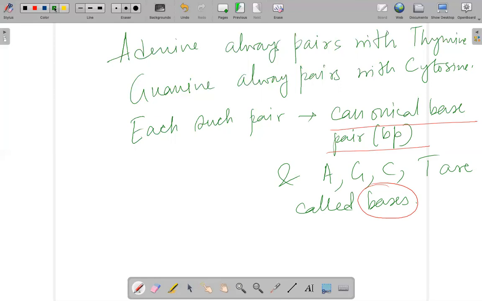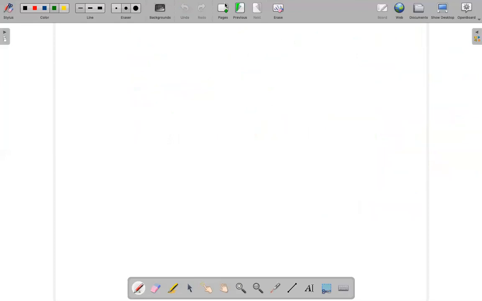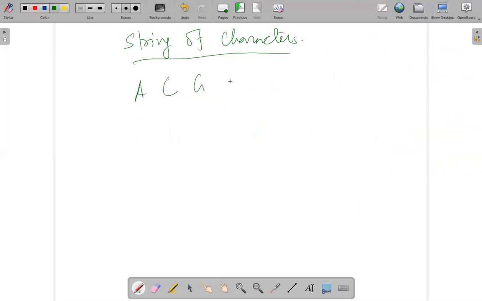So although in general we represent a DNA using a double helix structure, for our purposes, for algorithmic handling, we would just consider them as a string of characters. So the two strands might look as follows.